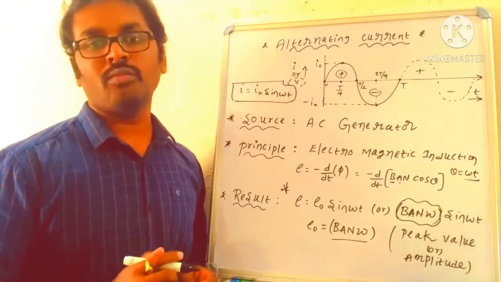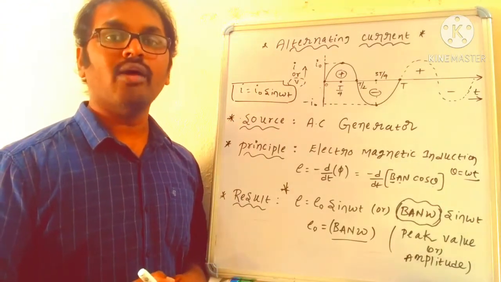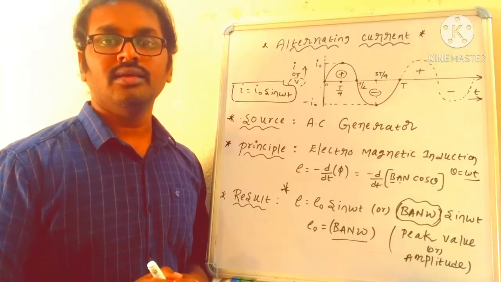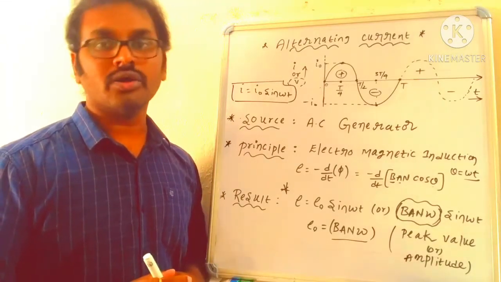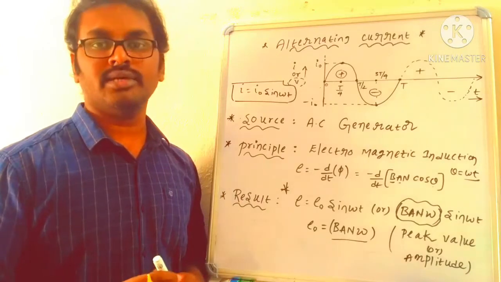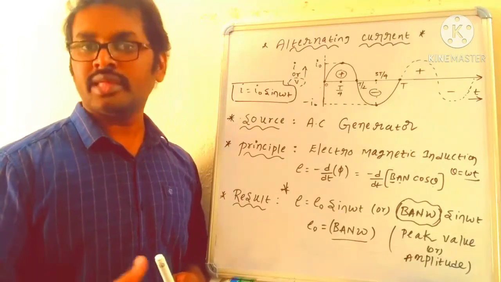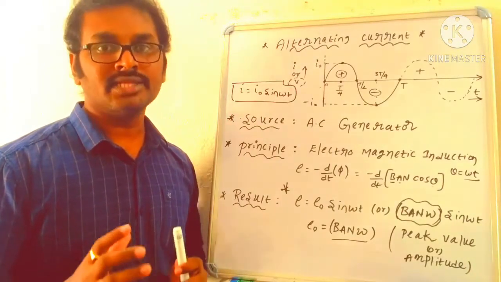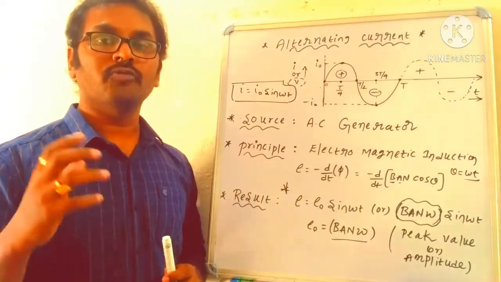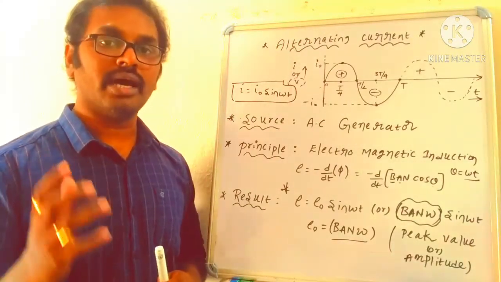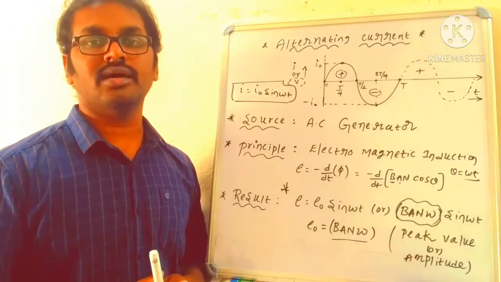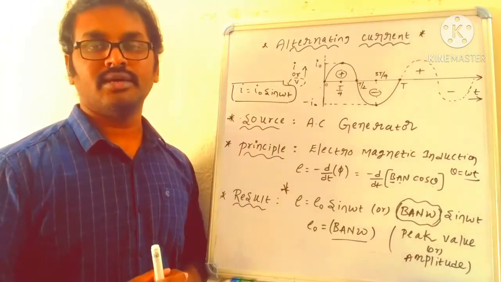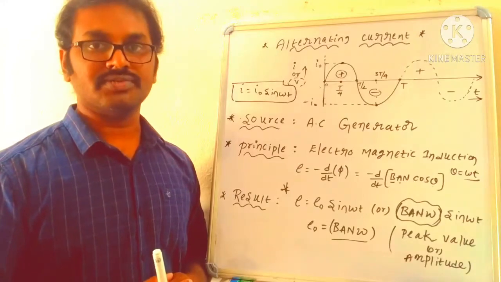This is one form of alternating current. We have different forms like the square wave or the sawtooth wave, but we can deal with those in the next sections. We are mostly concentrating on sinusoidal pulses, how to find the average value or the RMS value. All these things are really important for competitive examinations.